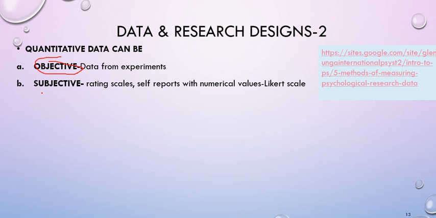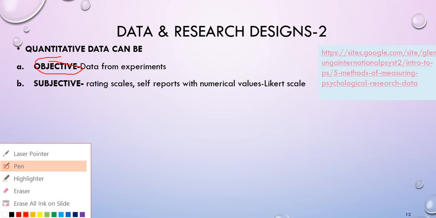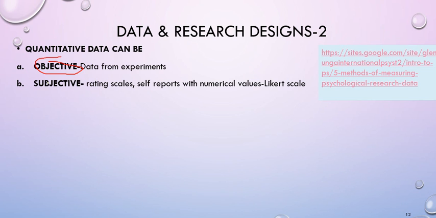And sometimes they're subjective when you rate yourself. And remember, subjective data are the ones where you express your own ideas. So when you rate yourself from 1 to 10, how good are you in maths from 1 to 10?